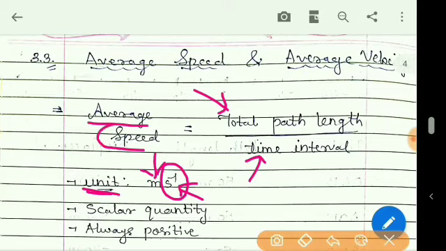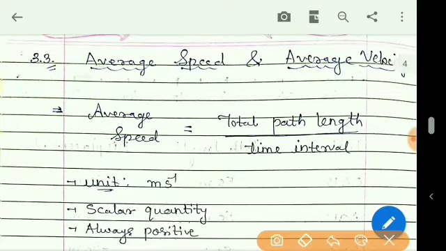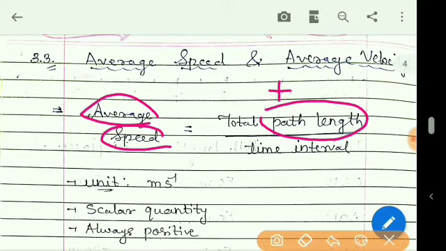Average speed or simply speed is a scalar quantity, means it does not have any direction, direction is not important for speed, and if the direction is not involved, it is always positive. Students, in our earlier topic we have studied that path length is always positive, and so speed or average speed is also positive.